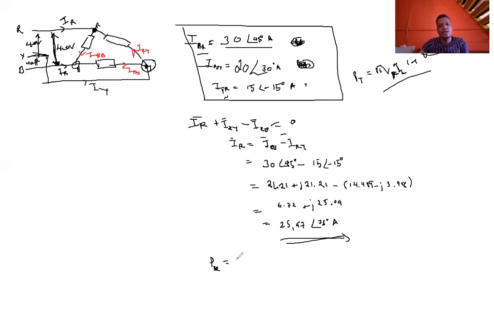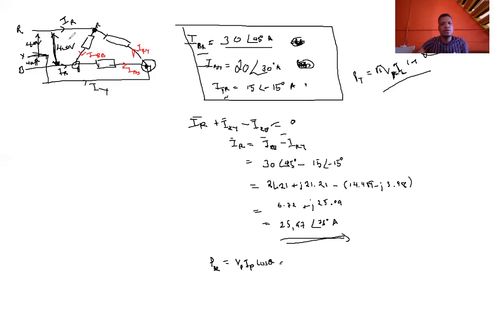Power loss in the phase BR is going to be phase voltage, phase current, cos the angle between those two quantities. So what is the phase voltage here? And you can see that the phase voltage is the same as what? The line voltage. Yeah.